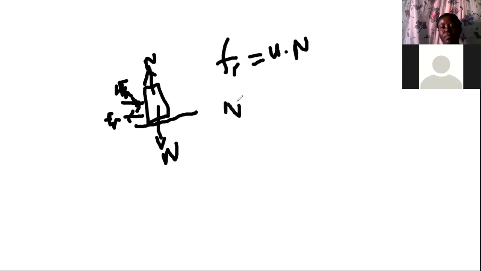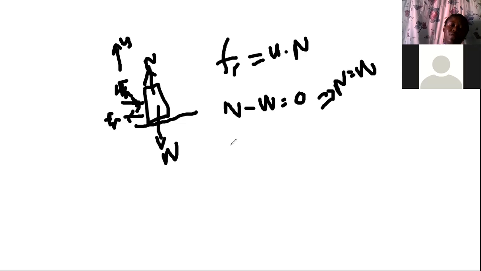If we apply Newton's second law, assuming up is our positive and down is our negative, we have normal force minus the weight, since this object is not going to move in the vertical, equals to 0. Okay, so therefore our normal force is equals to the weight.